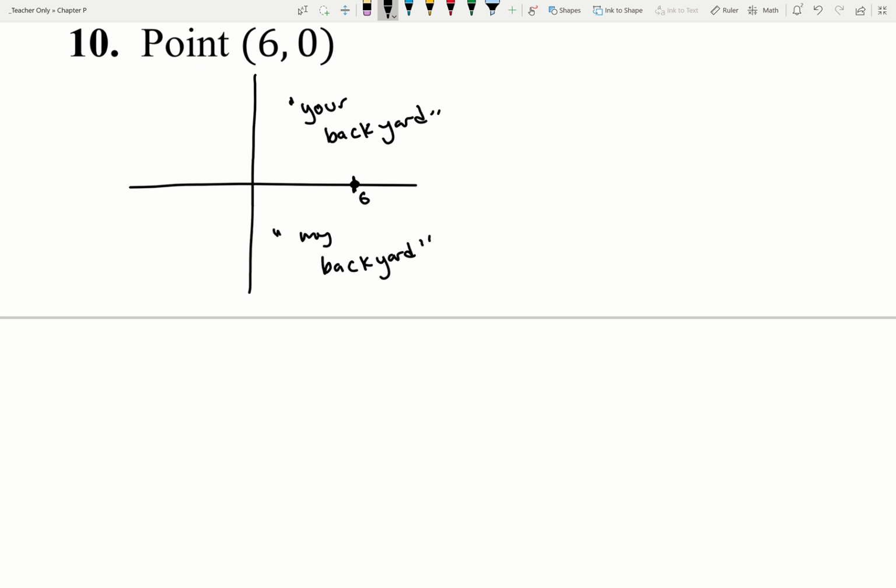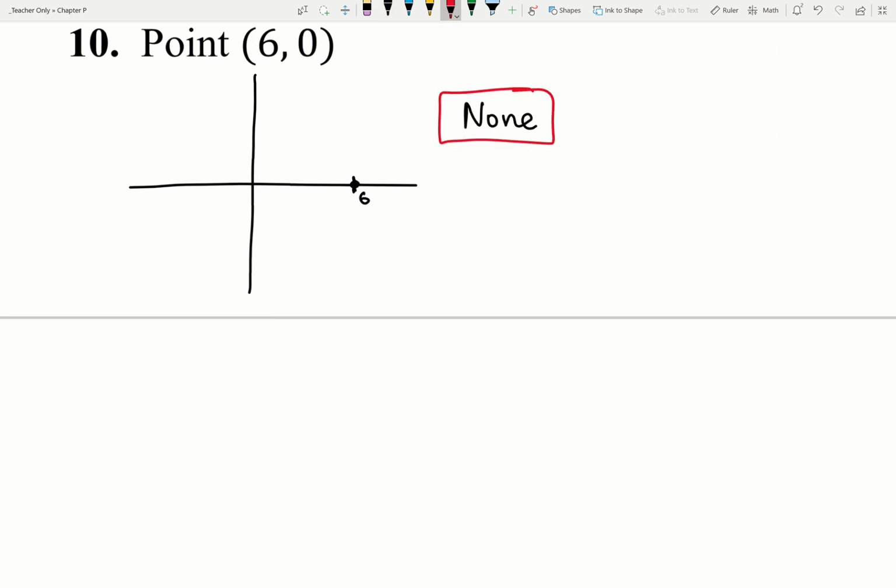So if you're sitting on top of the fence, whose backyard are you in? Well, you're not really in anybody's backyard because you're sitting on top of the fence that's in the middle. And so this would be a case where I would not say that we are sitting in any quadrant. Instead, we're sitting on the boundary of a quadrant. And so the correct conclusion here would be to say that I'm not really sitting in any quadrants here, and I'm sitting in none of them because I'm sitting on an axis instead.